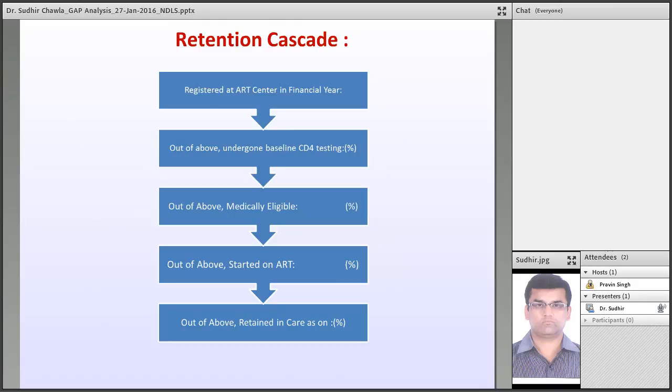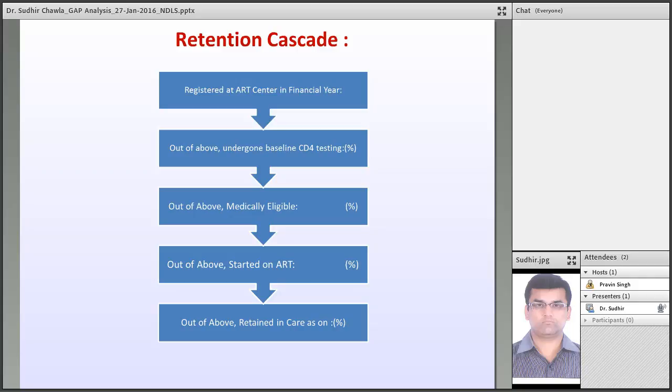Now coming to the retention cascade, when we talk about registration at ART center in financial year for this retention cascade, it means this is not a part of the total diagnosed in district in the particular financial year. It is total registration at ART center in the financial year. So it is inclusive of those who were diagnosed in the previous year, and those diagnosed at other districts or other states, but all these patients are registered in our district during the financial year.